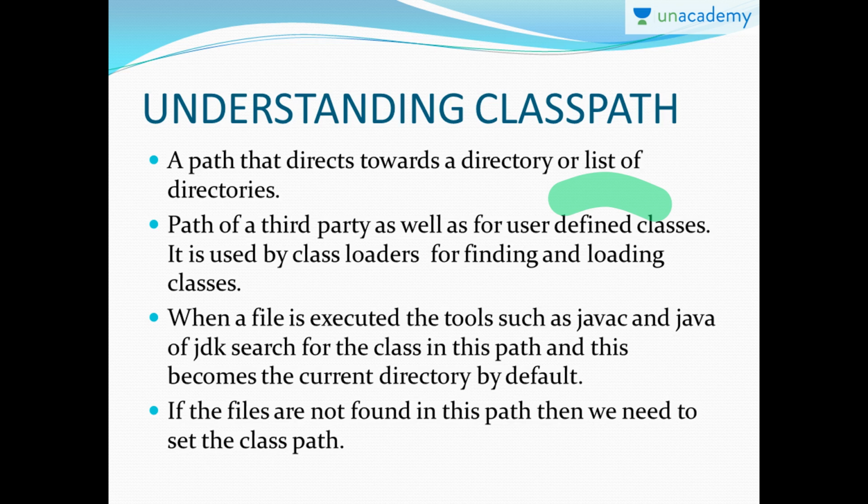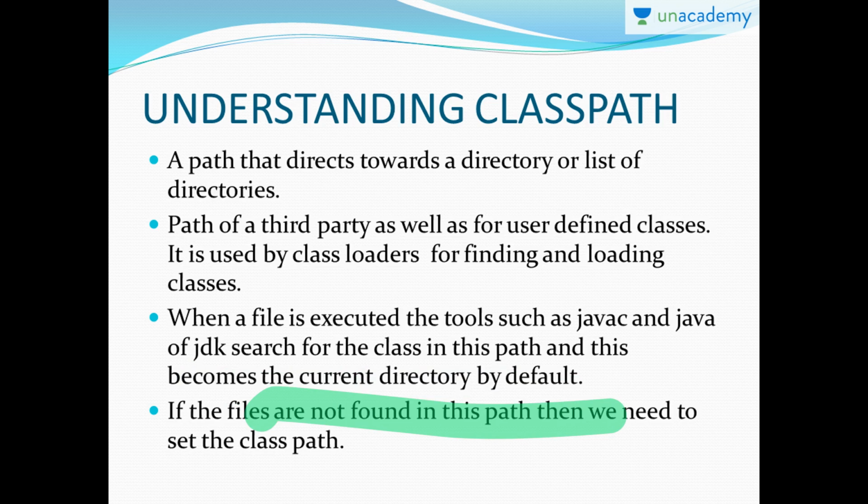So to access these directories we have a class path. This can also be defined as a path where third-party or user-defined classes are accessed, or where the classes present in the directory, which are in turn stored in the form of a package, are found and loaded. When a file is executed, the tools such as javac and java of the JDK search for the class in this path, and the current directory is the default.